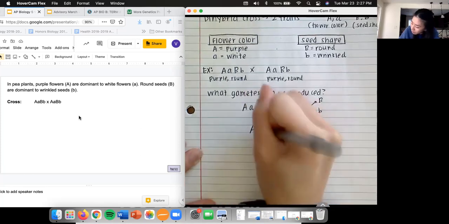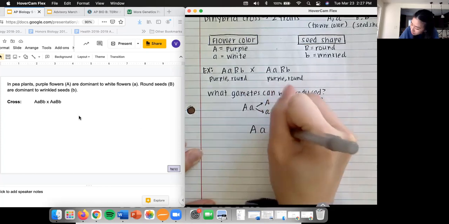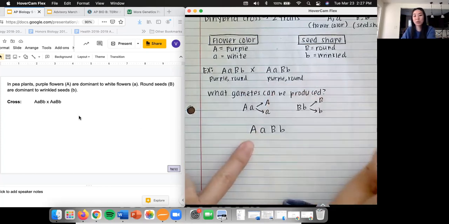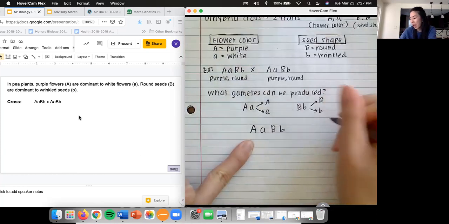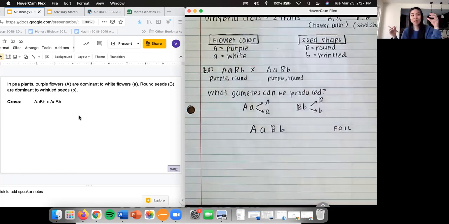So one way you do it is with the genotype. Remember, these are the letters. One of the previous students used FOIL, like first, outside, inside, last, like when you're doing math with, I think it's quadratic equations, not sure, but you take all of the different combinations.